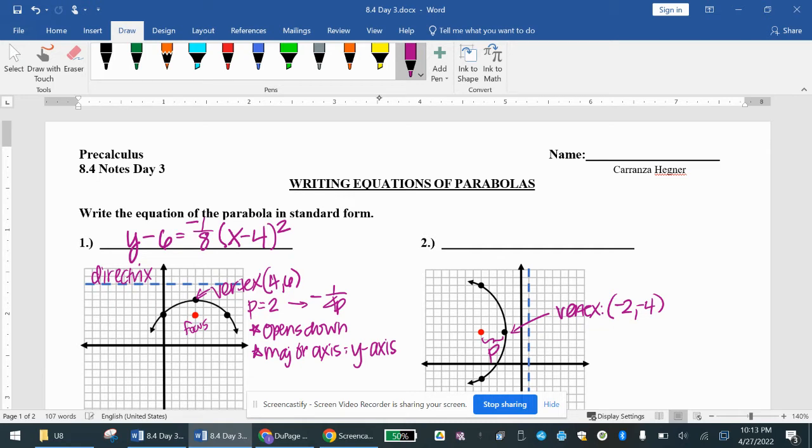It's also the same distance between the vertex and the directrix, which is the dashed line. Because this opens left and the x-axis goes left and right, your major axis is the x-axis.